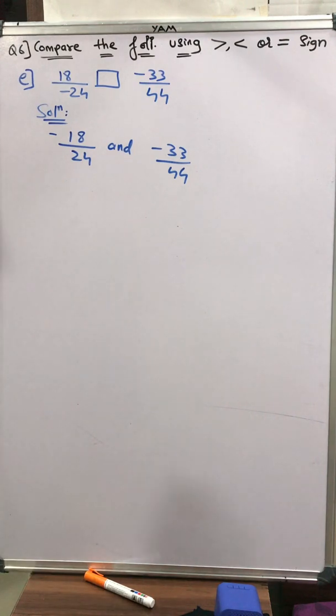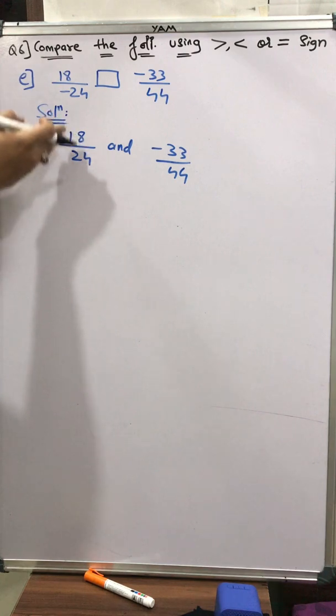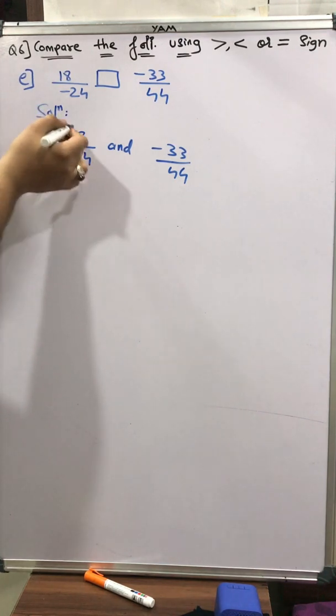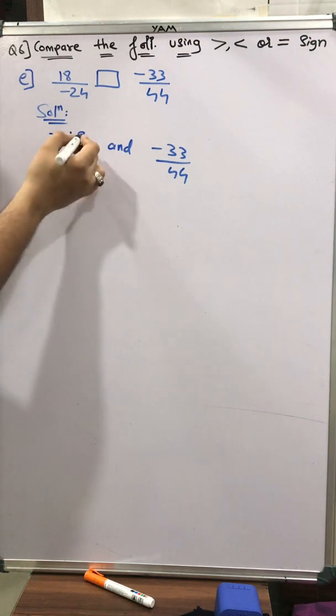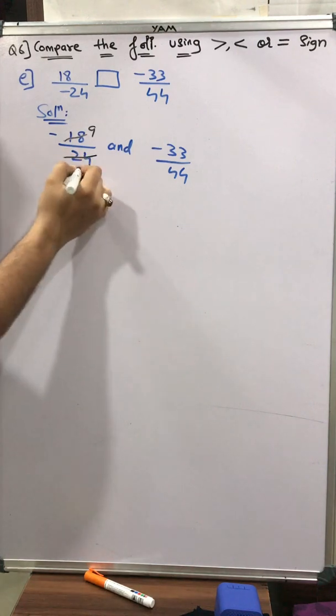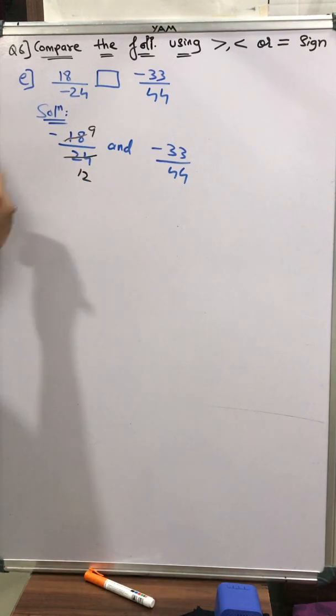Okay, it's absolutely fine, but I can now see that I can reduce this fraction to a certain extent. Yes, 8 is an even number, 4 is also an even number, so 2 nines are 18 and 2 twelves are 24.